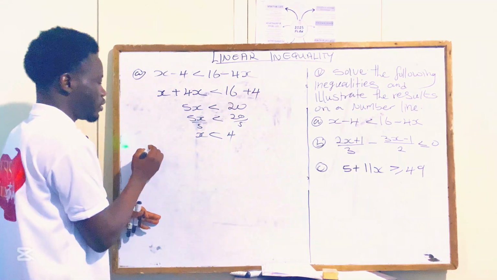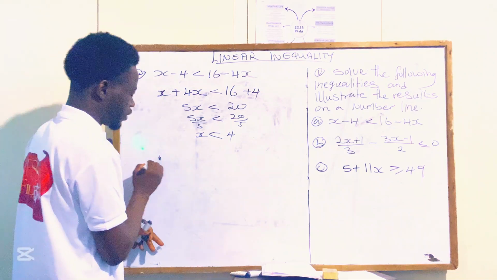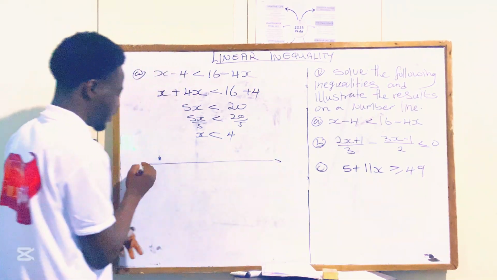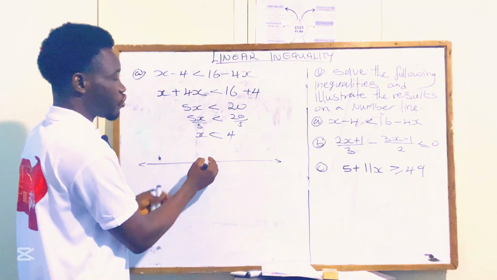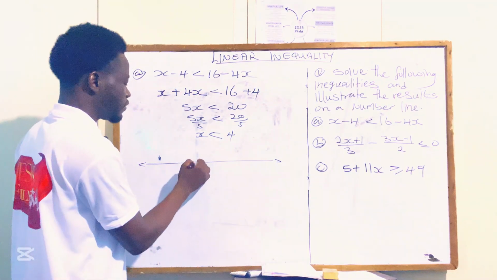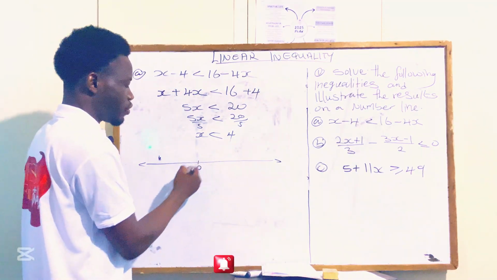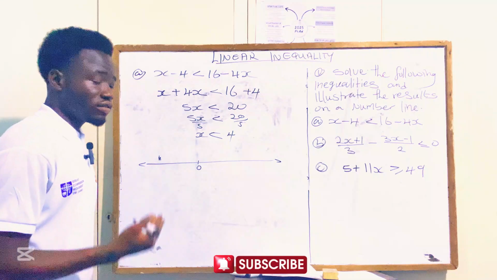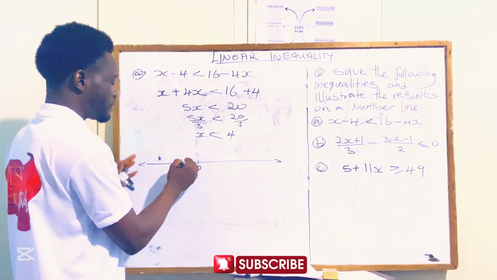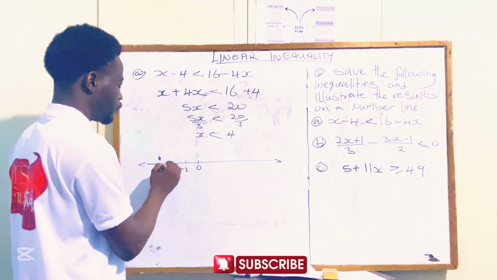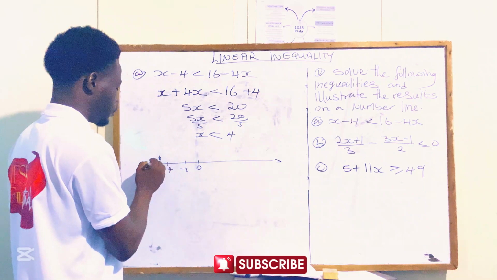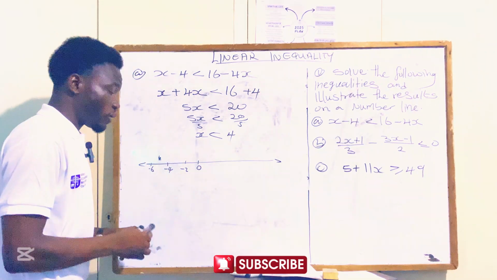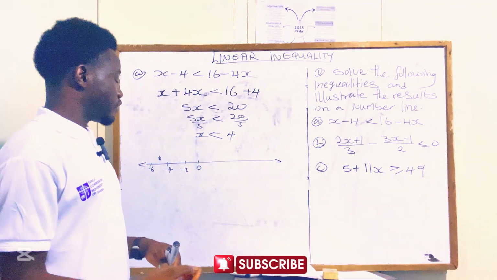Now, to illustrate that on the number line, you need to get a number line straight. The number line is always divided into two sections, the negative side and the positive side, where the middle is the 0. To the left is negative, so I can have negative 2, negative 4, negative 6. So I'm using a scale of 2 units.